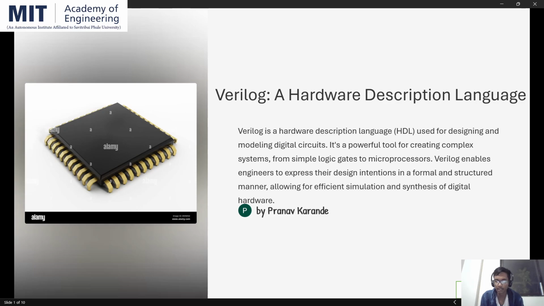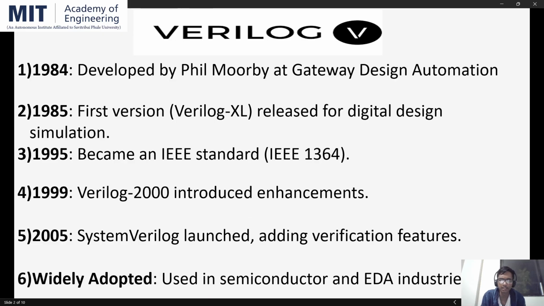For example, in VHDL we have std_logic, bit, or int, and in Verilog there is wire, reg, and integer. So that is the difference between Verilog and VHDL.